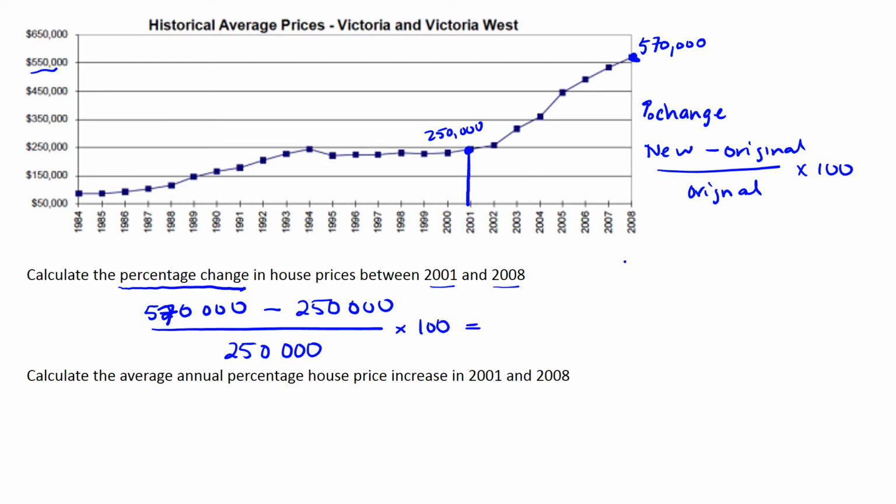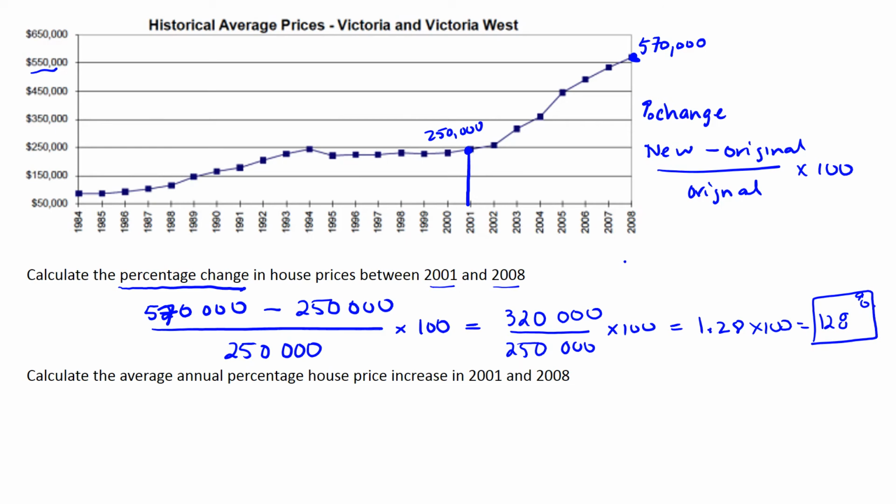If we do the subtraction first, it's $320,000 divided by $250,000 times 100. Next, if I do this division, I get 1.28 times 100, which is 128. So that means it's a 128% increase. That's a tremendous increase in that last 7 years.